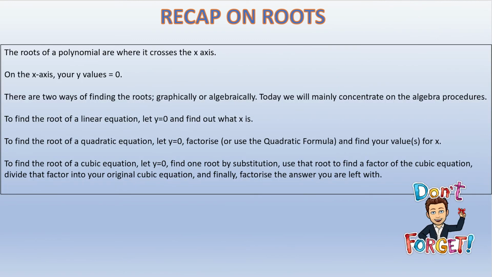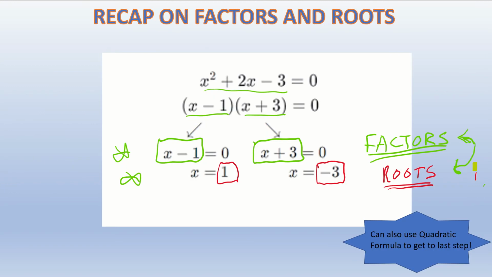Okay, a quick recap on everything I've said in the last 18 minutes. The roots of a polynomial are where it crosses the x-axis, and we must remember on the x-axis your y values are 0. So if we go back up to this example here, you'll notice that usually for a quadratic you could have had x squared plus 2x minus 3 is equal to y.